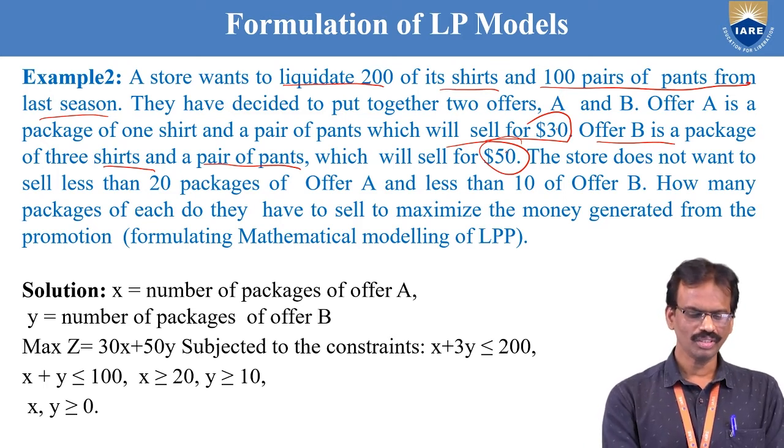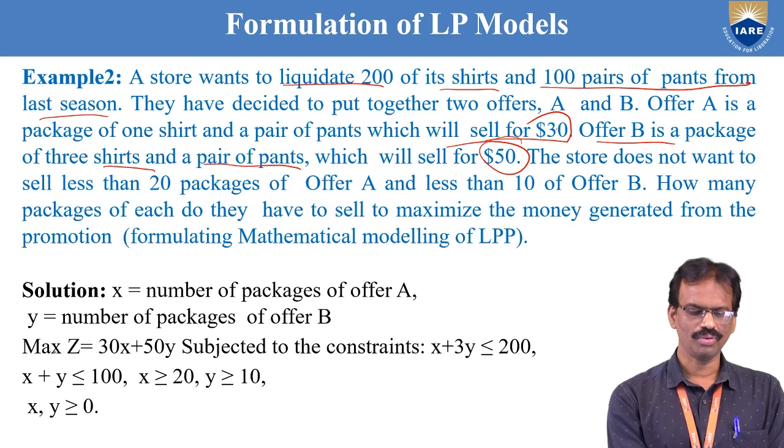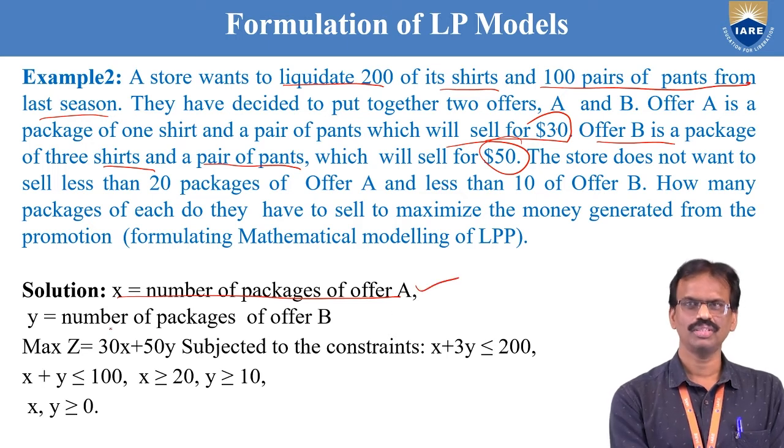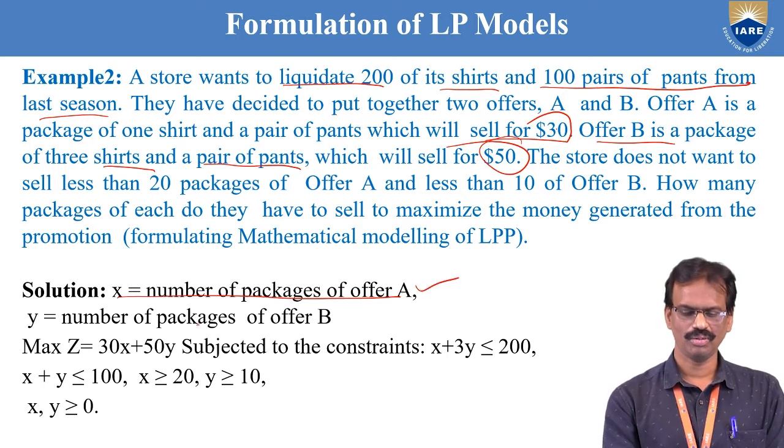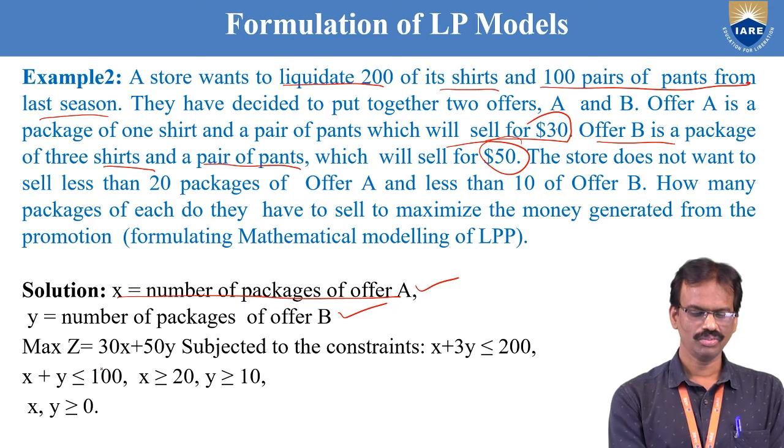Then the objective function is profit maximization. First of all, x is the number of packages of offer A, and y is the number of packages of offer B. Then z is equal to 30 into x plus 50 into y.